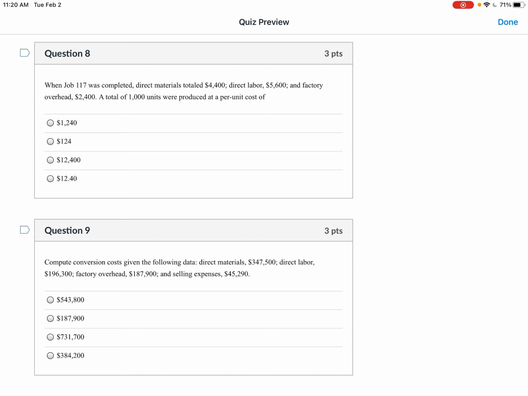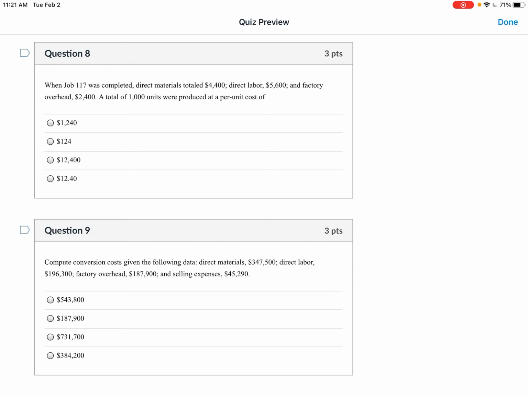Okay, so if you add up direct materials and direct labor, that gives you 10,000. And then if you added factory overhead to that, that would be 12,400. So a total of 1,000 units were produced at a per unit cost of what? So it'd be $12.40.